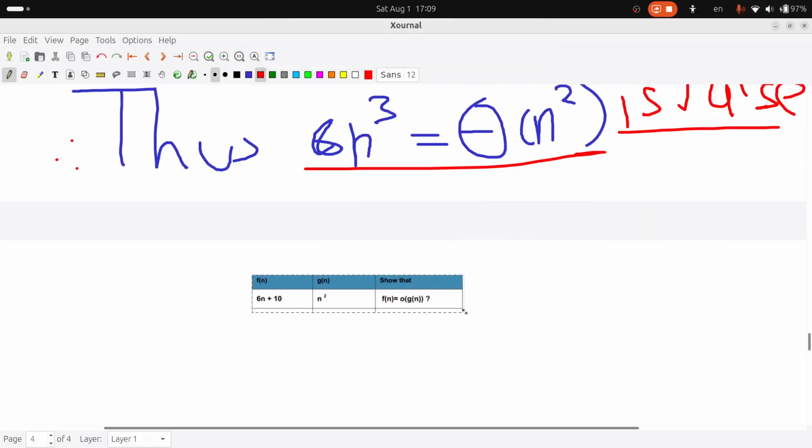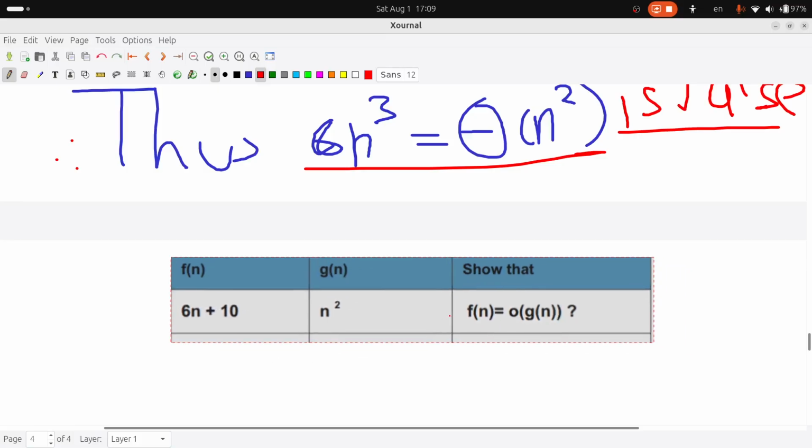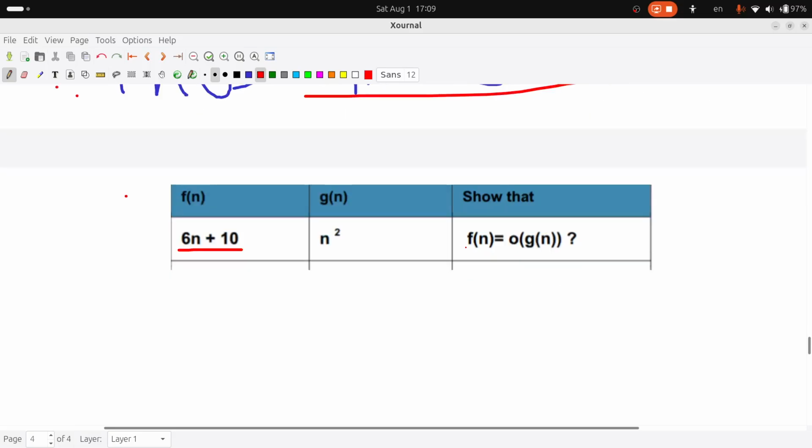So this one is Fn equals 6n plus 10, and Gn is n squared. We want to show that Fn is little o.